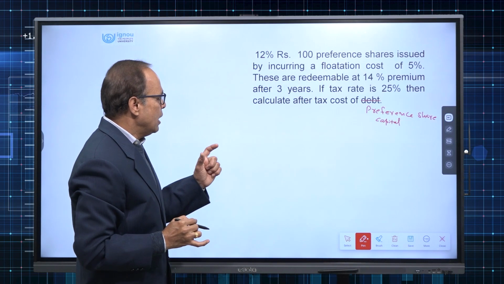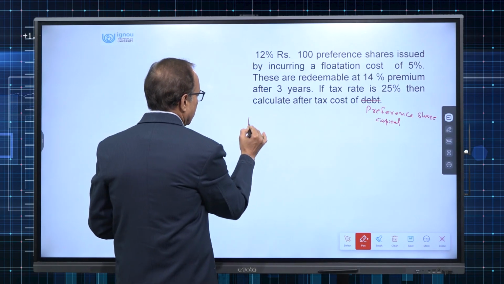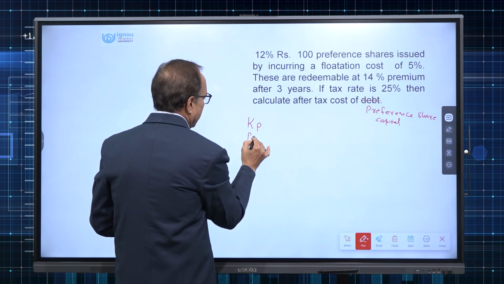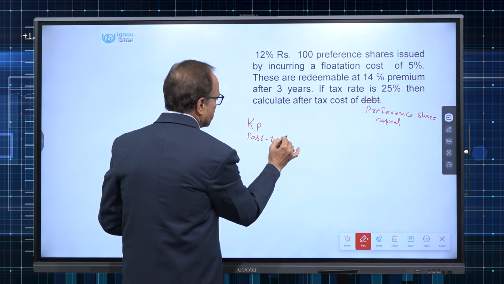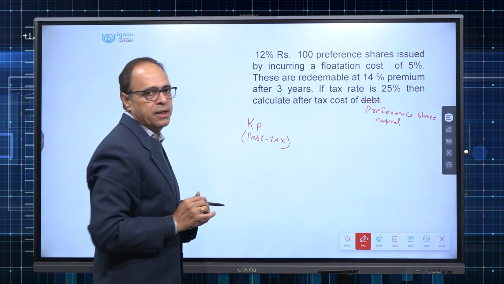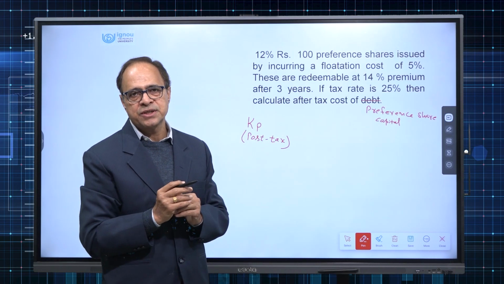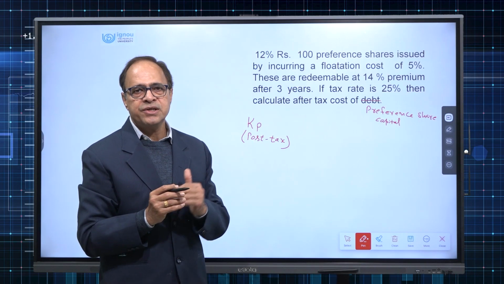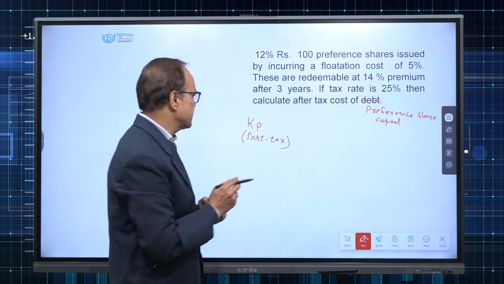Now, always remember the formula which we apply for calculating cost of preference share is always the post tax. And why post tax? Reason being, dividend is paid out of the after tax profits. Therefore, the formula which we will be applying will straightway give me the answer for the after tax cost of preference.